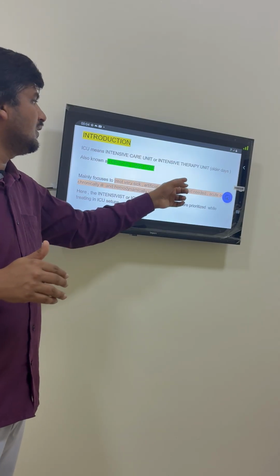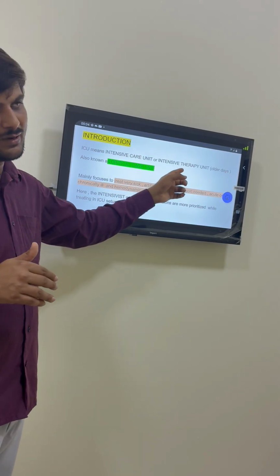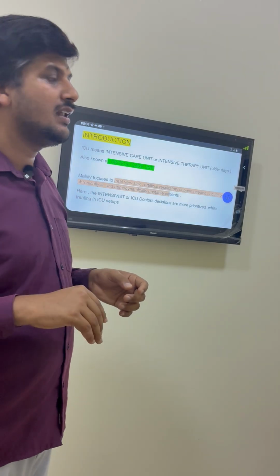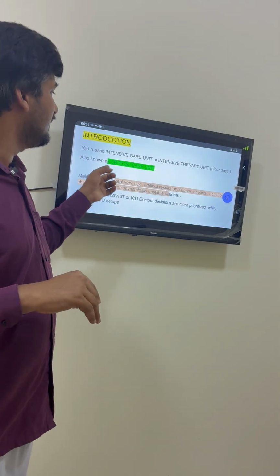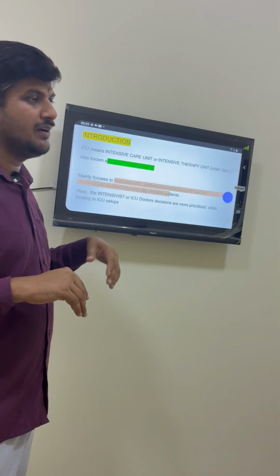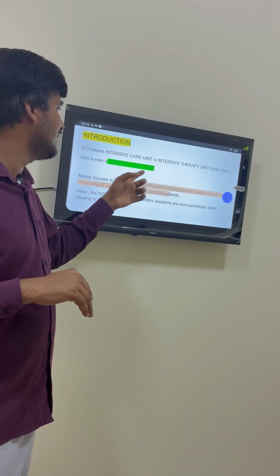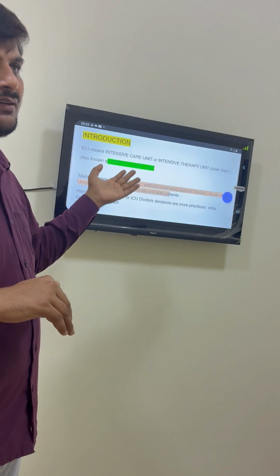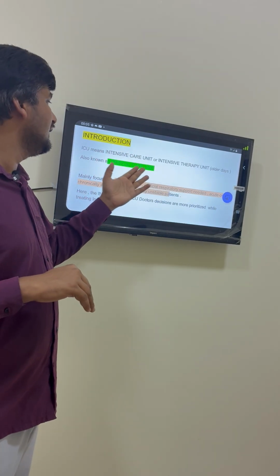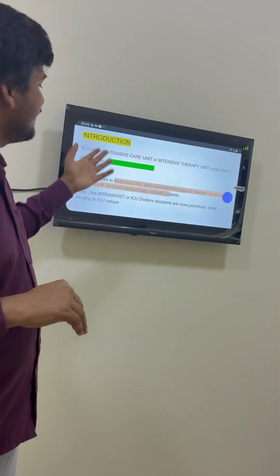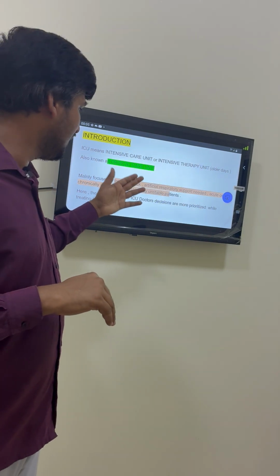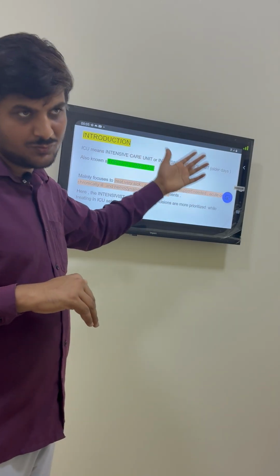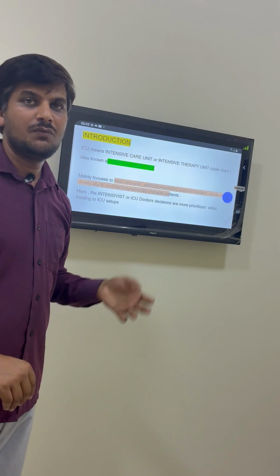In olden days they used to call it an intensive therapy unit, or intensive nursing care department. Nowadays this ICU is called a critical care unit, because the ICU deals with the care of critically ill patients. It mainly focuses on treating very sick patients who need artificial respiratory support, for example ventilator support.